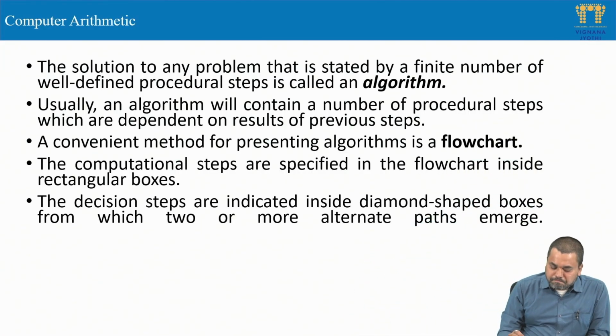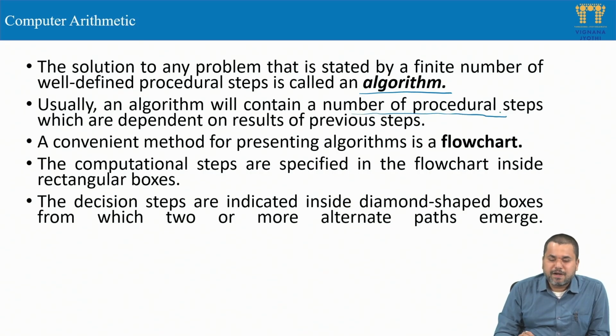First of all, the solution to any problem that is stated by a finite number of well-defined steps is called an algorithm. Any algorithm consists of a number of procedural steps which are dependent on the results of the previous steps. The convenient method for representing an algorithm is a flow chart.